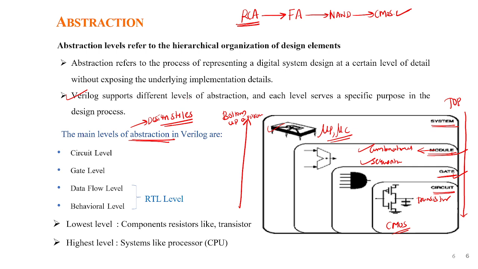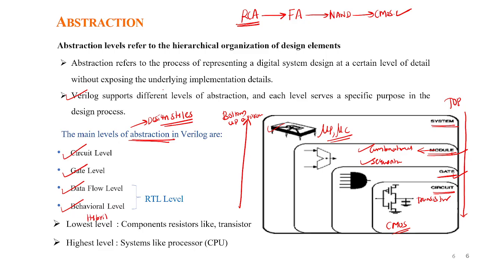There are 4 levels of modeling styles. One is circuit level, next gate level, data flow level, and behavioral level. And one more level, hybrid modeling.